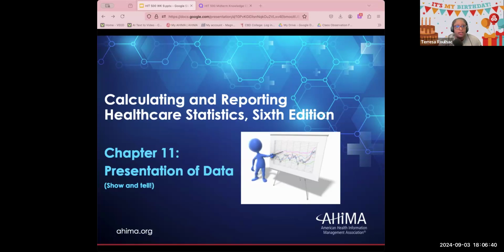Set B is cluttered and confusing. Everything's presented in different ways. When you first look at it, you're getting a headache. Your eyes can't concentrate on just one element. Which set of data would you find more helpful in making informed decisions about the best treatment approach? Set A or set B?